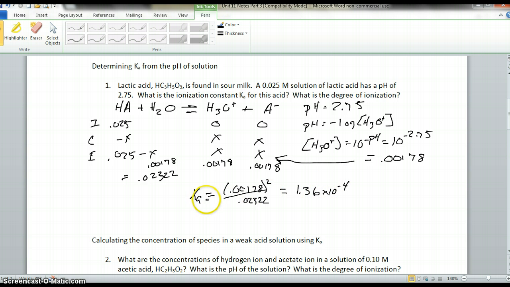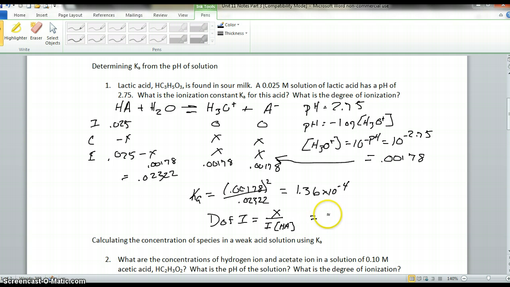What our value for Ka tells us is the larger this number gets, the more products we formed, which means that the acid broke apart more. Another way that we show how much an acid broke apart is to use degree of ionization. All degree of ionization is, I'll just call it d of I, is x, how much you changed in your ICE chart, divided by the initial concentration of your acid.